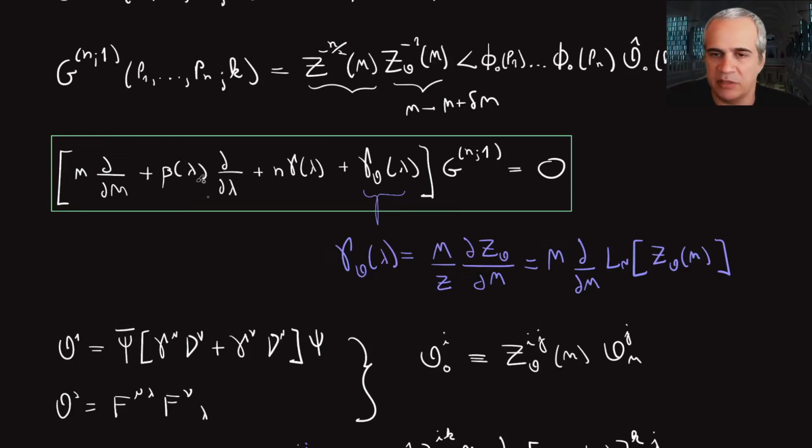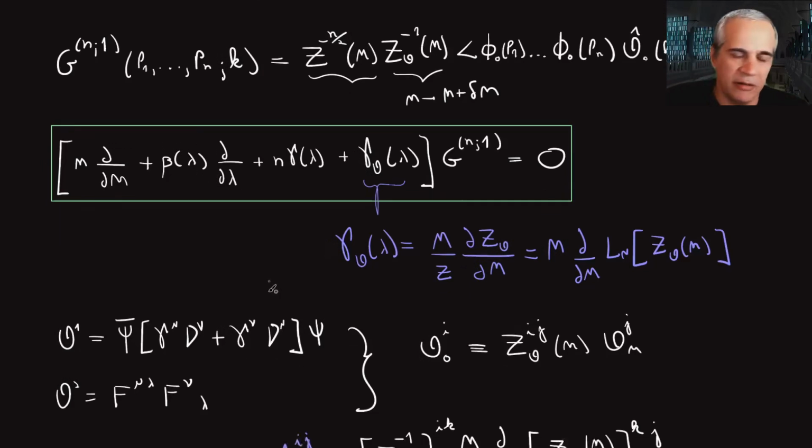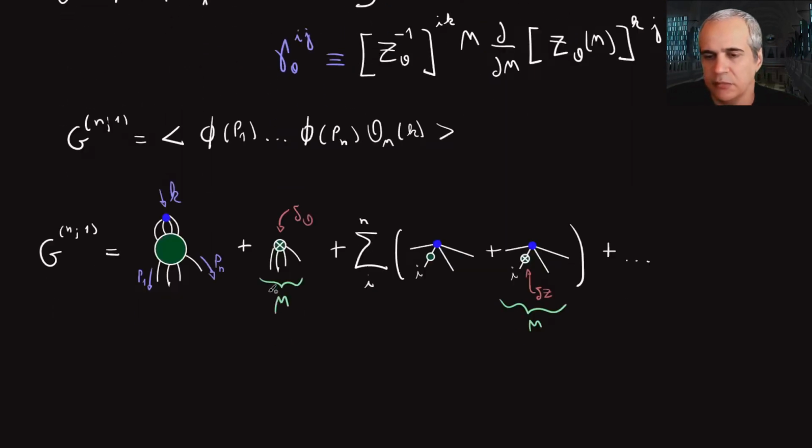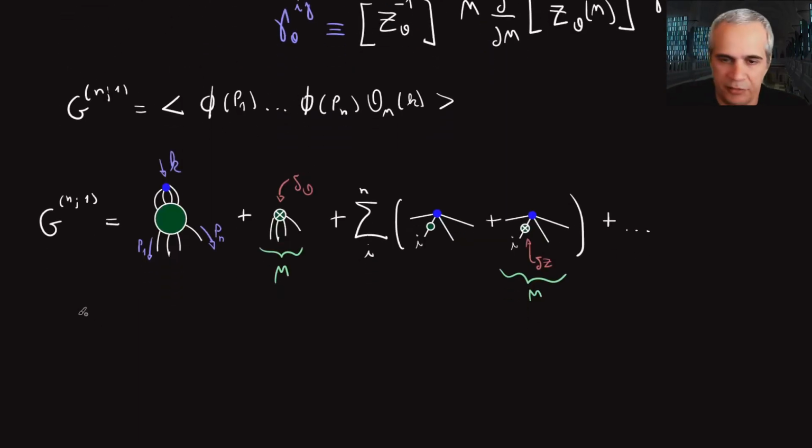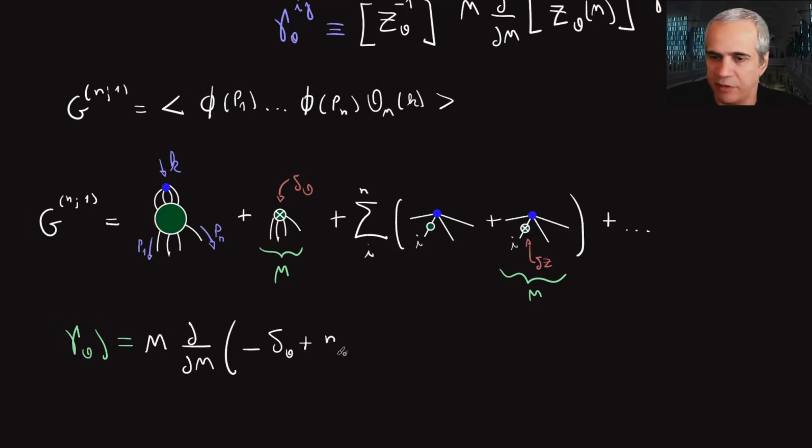In the coupling constant, especially this term here, I can disregard at leading order, and then write that the gamma of the operator is given by m del m of minus this counter term plus n, because of the number of legs, over 2 times this counter term. Right?